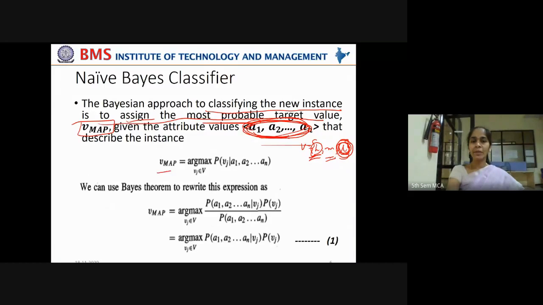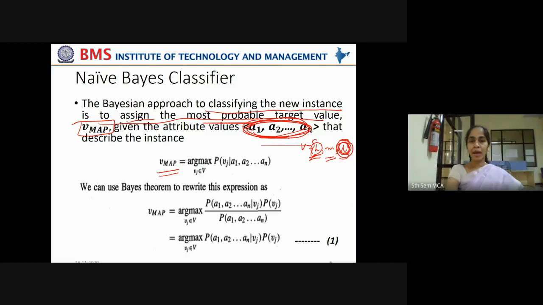Now, how can that be represented mathematically? V map, the value which has the highest probability, is represented as you're maximizing the probability of the outcome variable, which you're trying to assign to the new instance that is given.